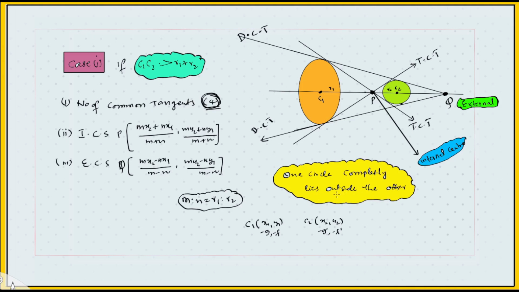One circle completely lies outside the other circle. The internal center is (mx2 plus nx1 by m plus n, my2 plus ny1 by m plus n) and the external center is (mx2 minus nx1 by m minus n, my2 minus ny1 by m minus n).